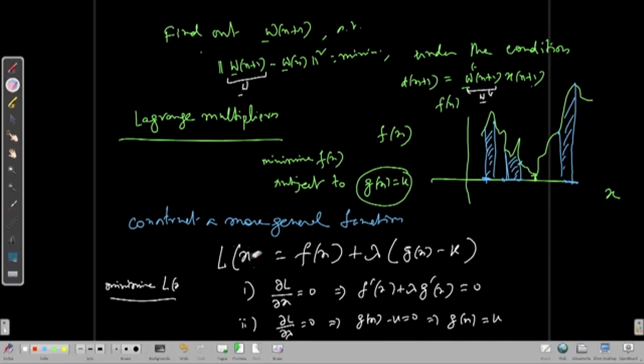I should call it a function of 2. So I will have a more generalized function L which will have w comma lambda. This is a constraint.